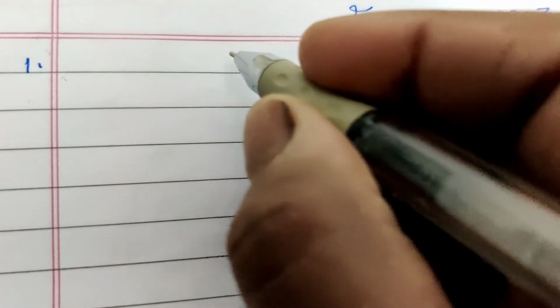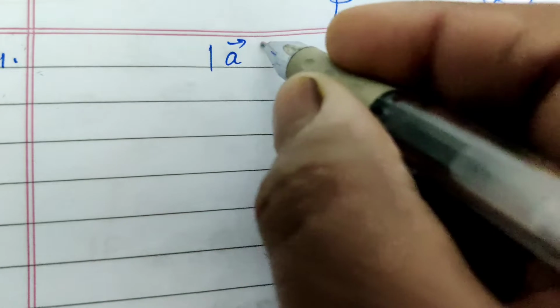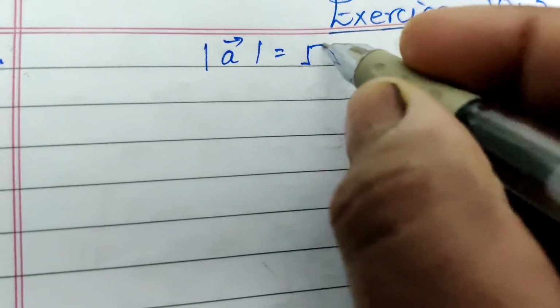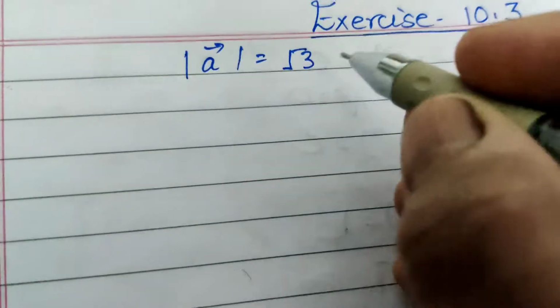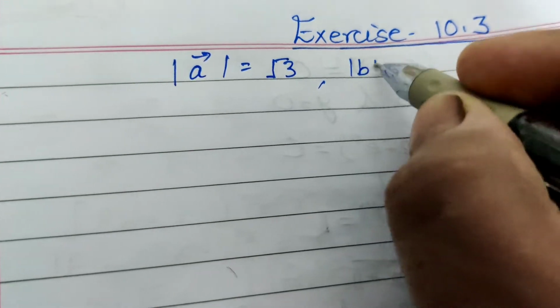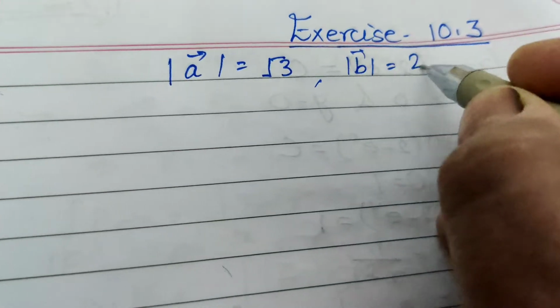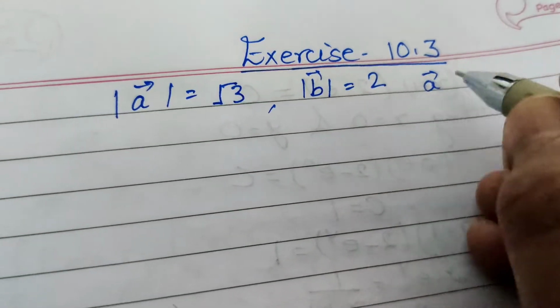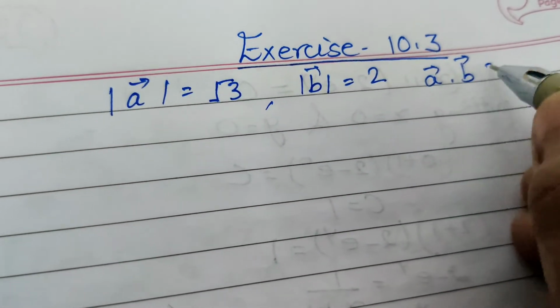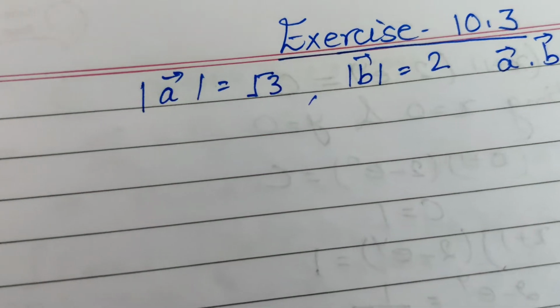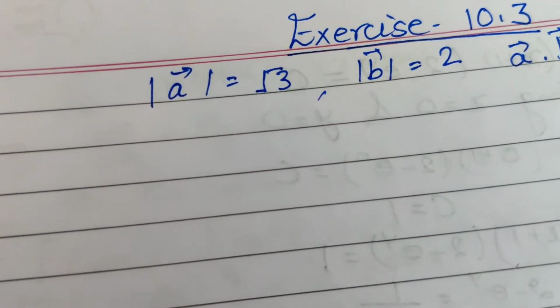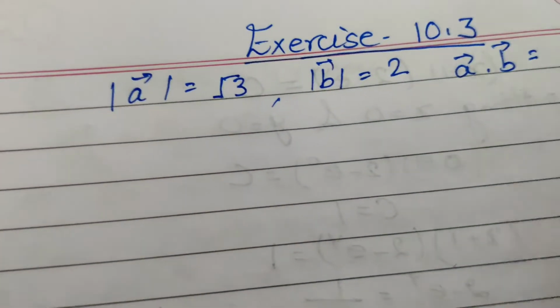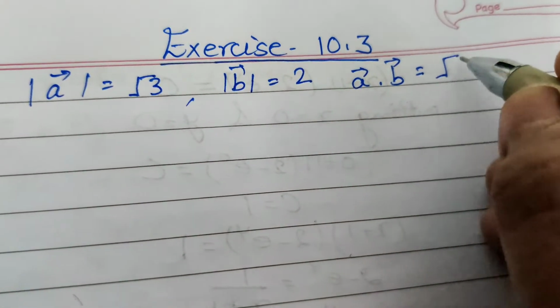The magnitude of vector A is given as root 3, and the magnitude of vector B equals 2, and A vector dot B vector is given as root 6.